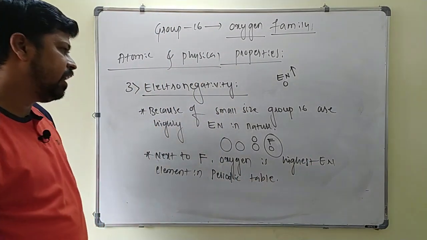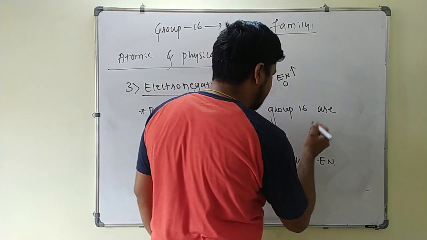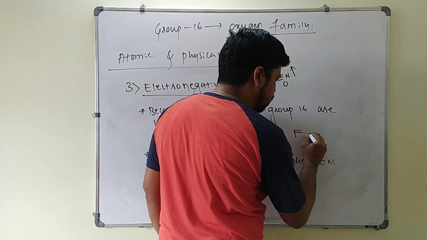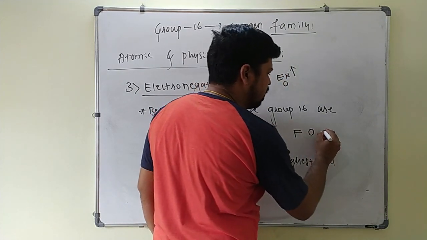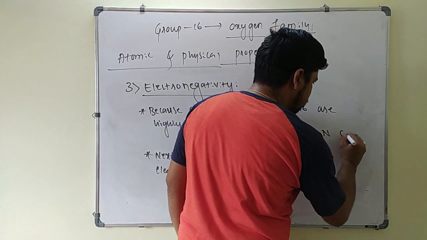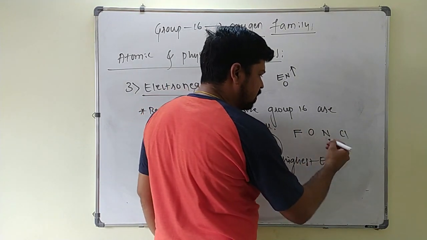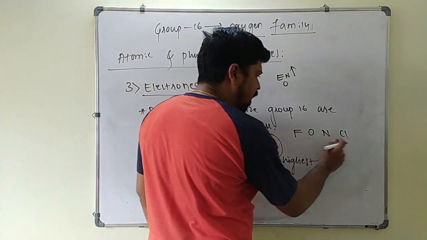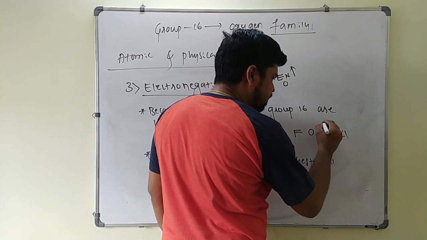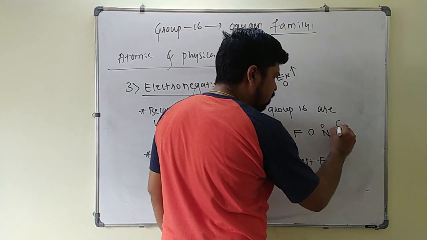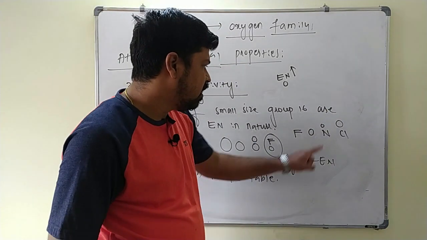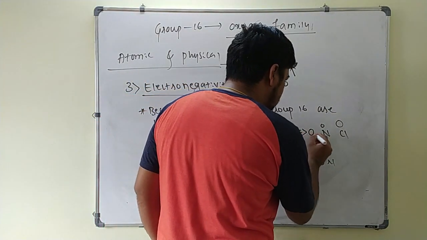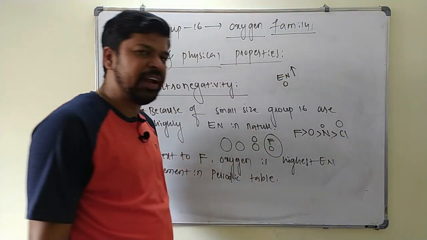The electronegativity series we can write here. I have told this shortcut many times in classes. Fluorine is the highest electronegative, next comes oxygen, nitrogen and chlorine. Nitrogen and chlorine have almost the same electronegativity, but according to size, nitrogen is small and chlorine is large. Because of that, nitrogen is slightly more than chlorine. This is the decreasing order of electronegativity.